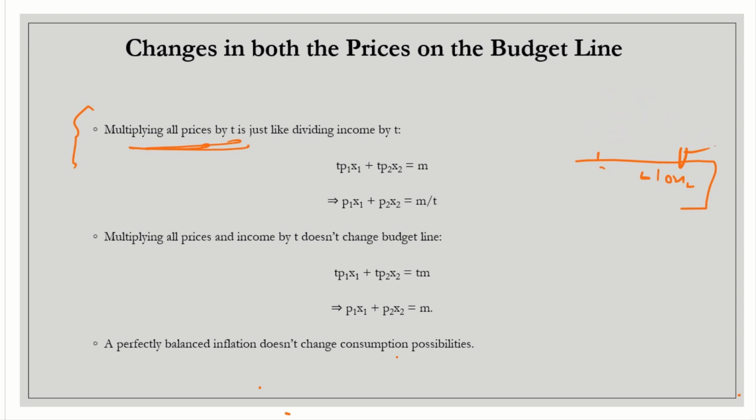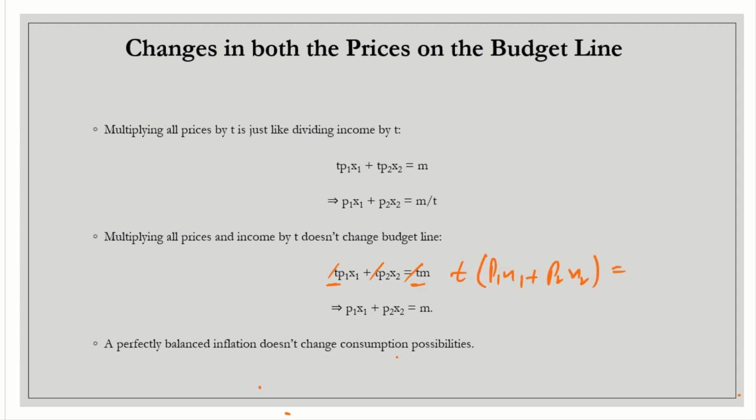On both the left and right hand side, the income is multiplied by t and the prices are also multiplied. So overall this t gets cancelled with this t, because this can be written as t common, p1 x1 plus p2 x2 equals tm, and the t and t cancel and you get this expression.